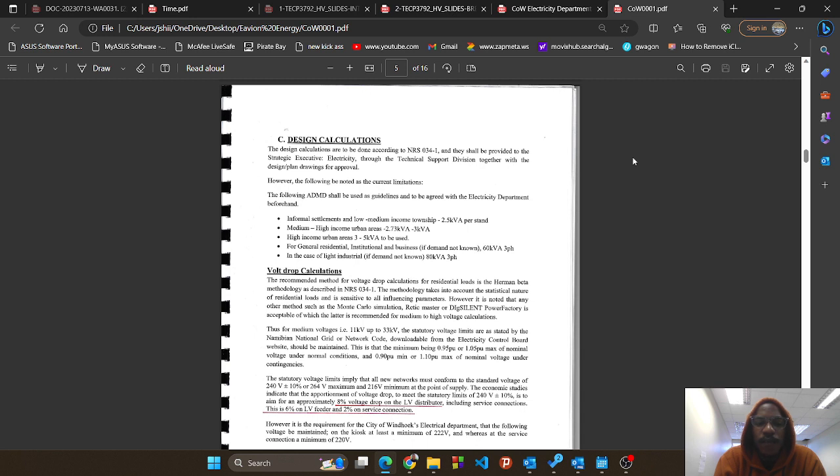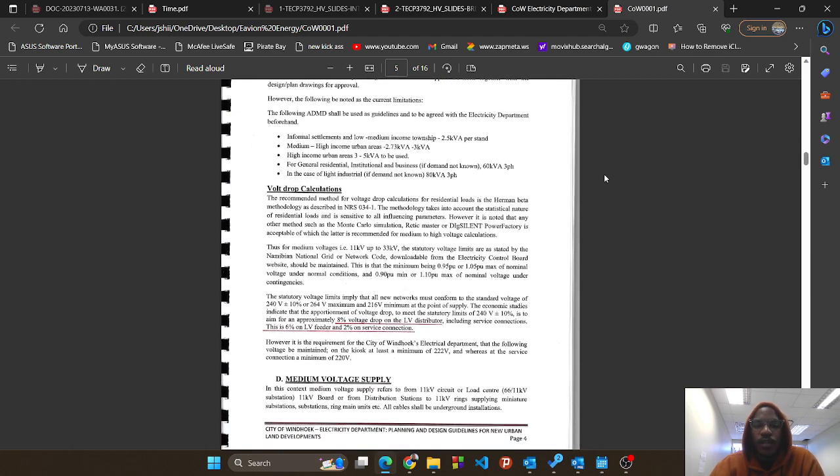So as you can see there, for a normal informal settlement, it will be 2.5, and then for a high income urban area, it will range between 2.73 to 3 kVA. And then as you move up, let's say you're going up to the Frankenstein area, the Eros areas, the ADMD would be much bigger because they would need much more demand.